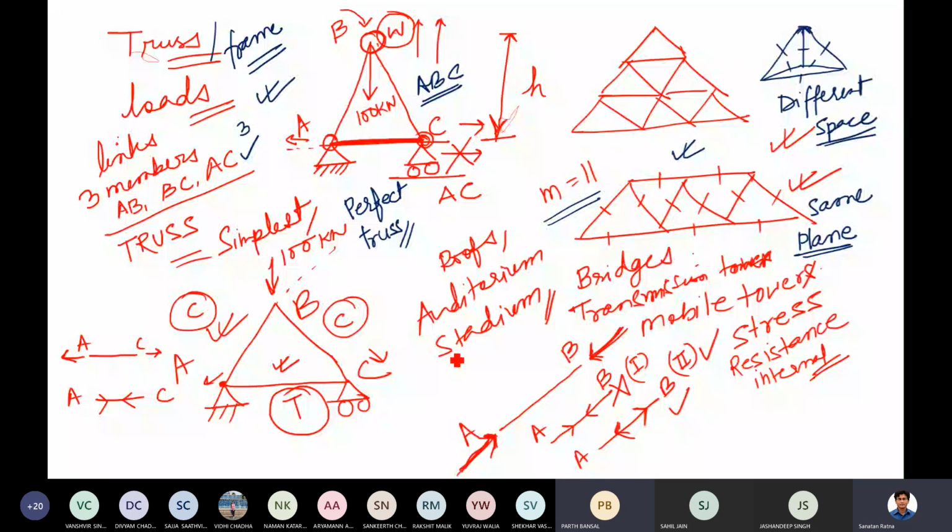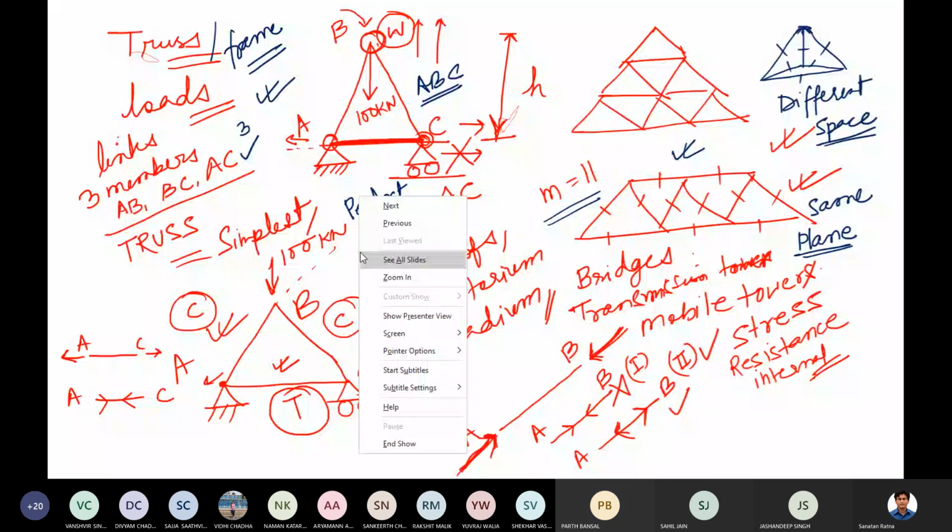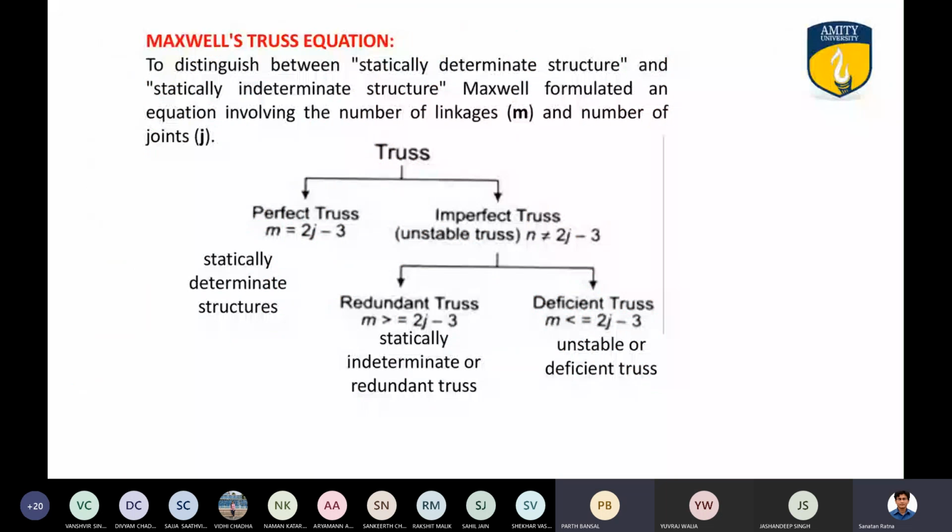No, sir, not yet. Let it come. Now it's visible, sir. There is some net problem. No problem. Now it is visible.